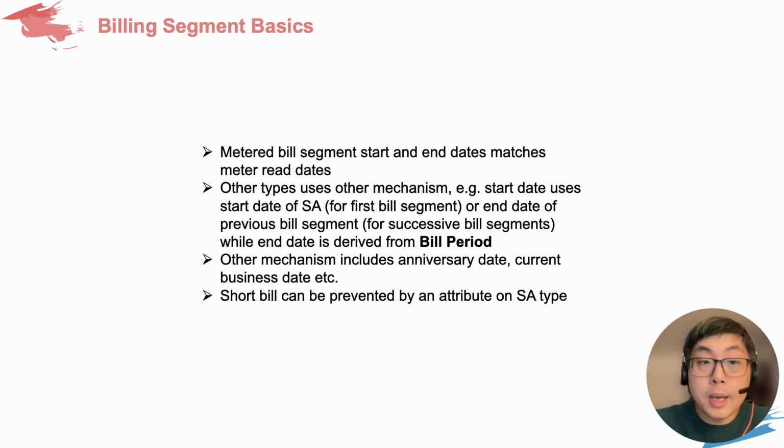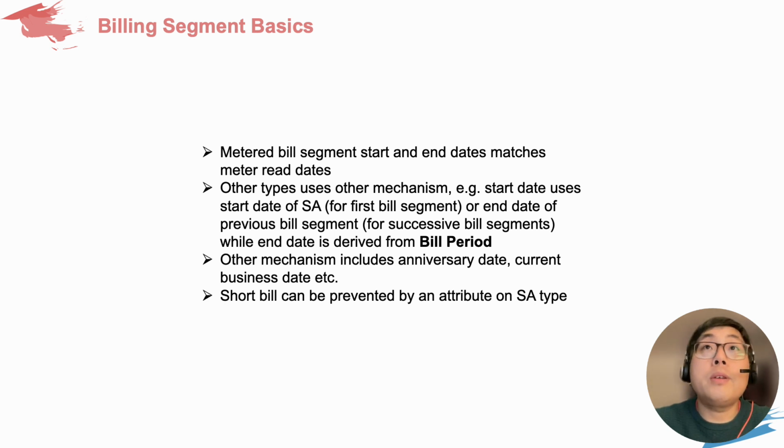Remember, bill segment has start and end dates, not the bill. Okay, so the bill is triggered based on the bill schedule, but the bill date is actually derived from bill segment.